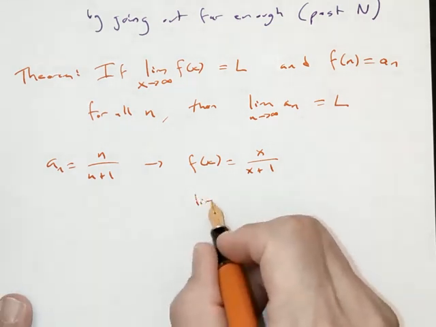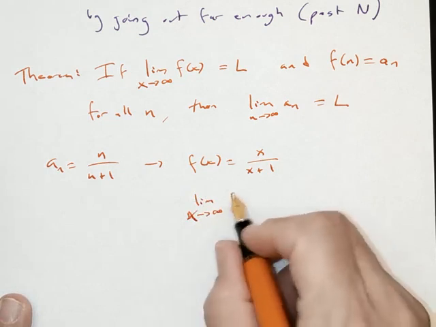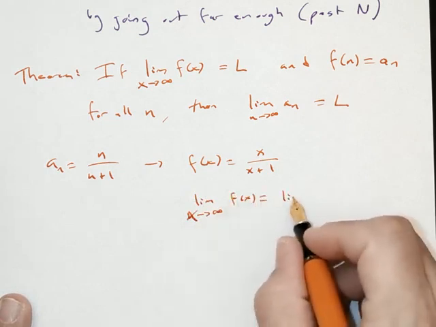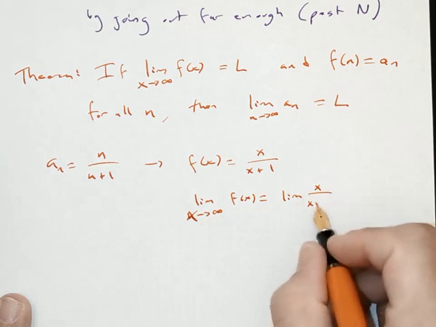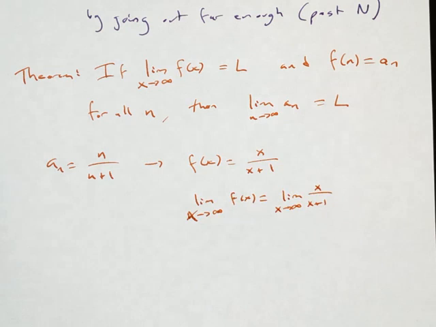But then I know that the limit as x goes to infinity of this function, that's a rational function. It's got a horizontal asymptote. How do I find the horizontal asymptote? Leo?